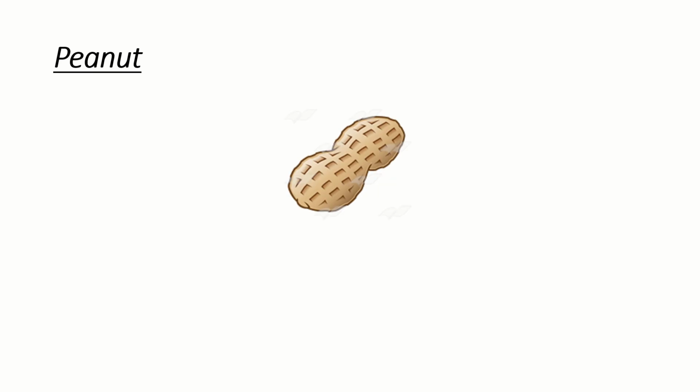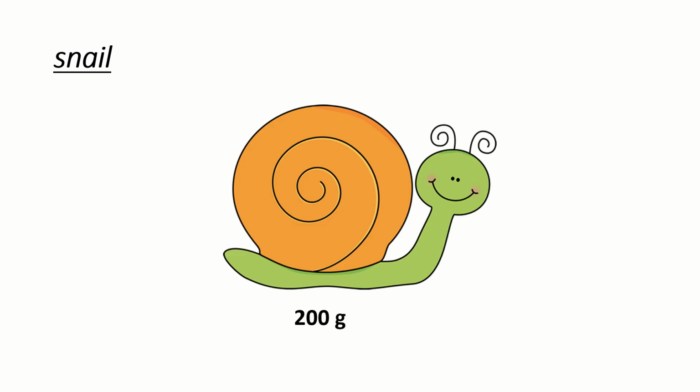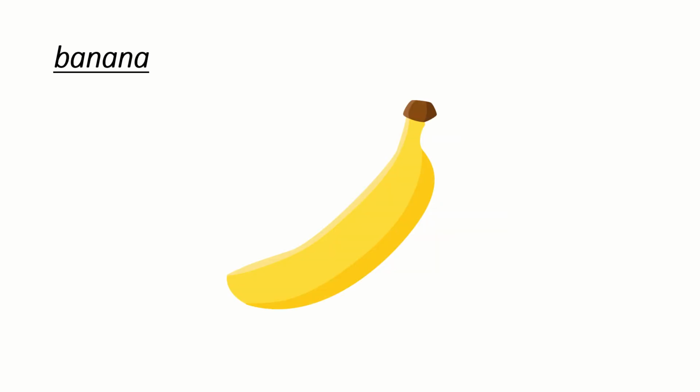Okay, for mass, a peanut is approximately 1 gram. So if you compare a snail to a peanut, if a peanut is 1 gram, approximately you need 200 peanuts. That gives us the weight or the mass of our snail, which is 200 grams. And then a banana is 100 peanuts, so 100 grams.